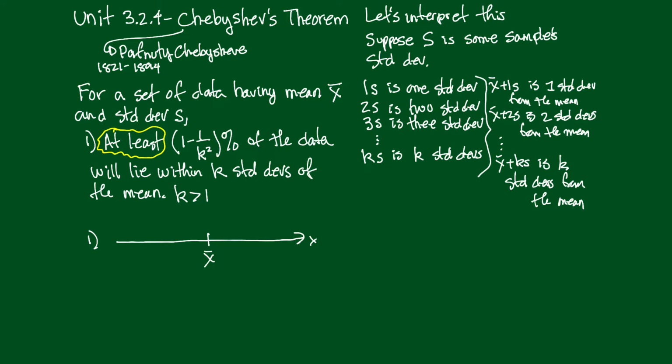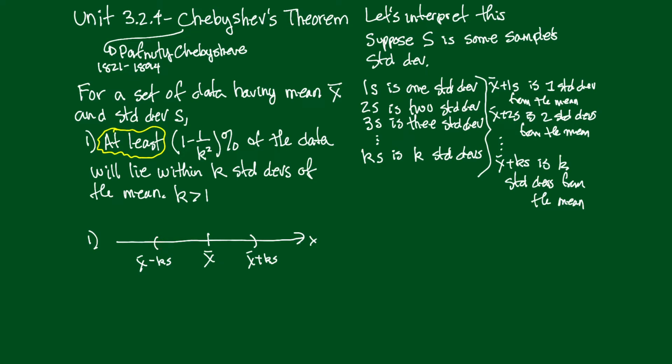Now, suppose that we're over here, x bar plus ks, and x bar minus ks. Do you see what's happening here? You're at the mean, and then you go over whatever k is. Suppose k is 3. You go over 1, 2, 3 standard deviations to the right, and 1, 2, 3 standard deviations to the left. I'm going to draw another picture in just a minute.